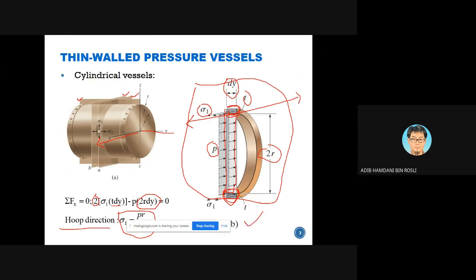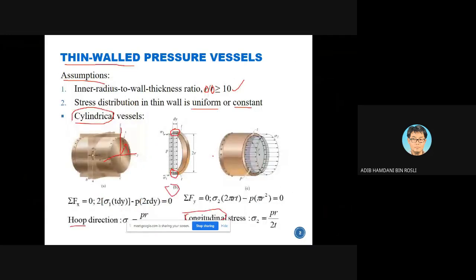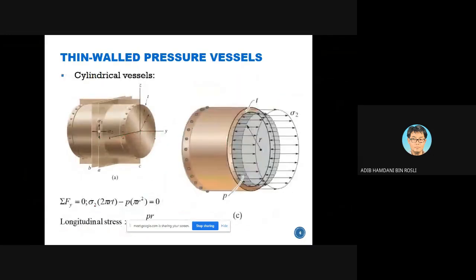Another type of stress is the second type. In the longitudinal direction, you do just one cut, and then you will have this section. What happens here is you will have forces going this direction.